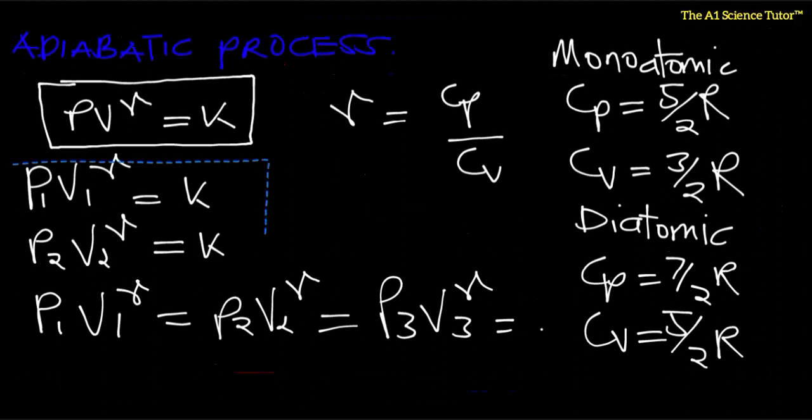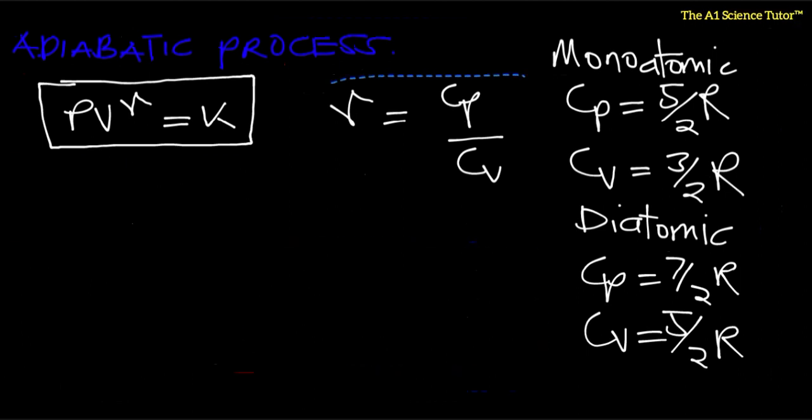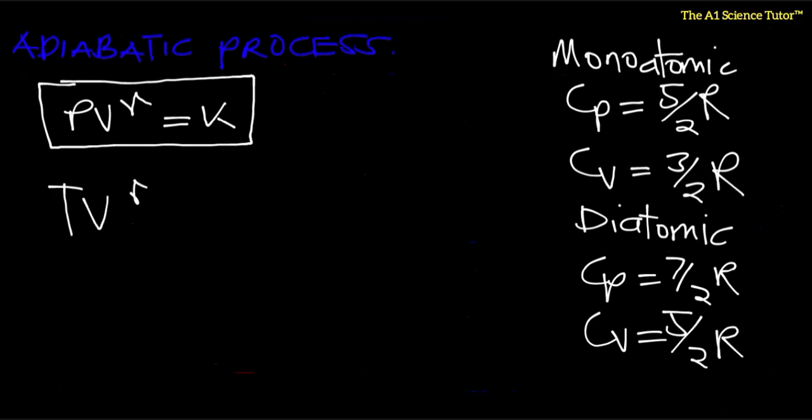Now you need to bear in mind that this is just one of the formulas. What is going to be the next one? The next one is T V raised to the power of gamma minus 1 equal to K. This means that the temperature multiplied by the volume raised to gamma minus 1 is constant.